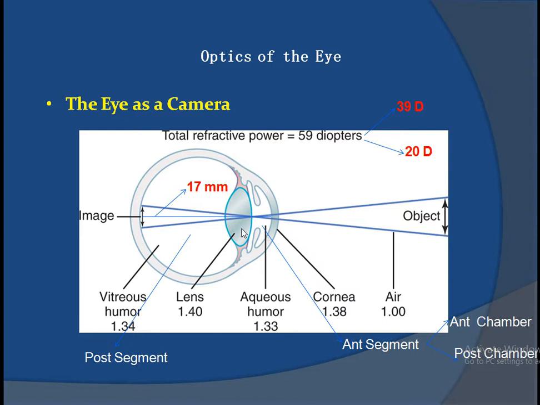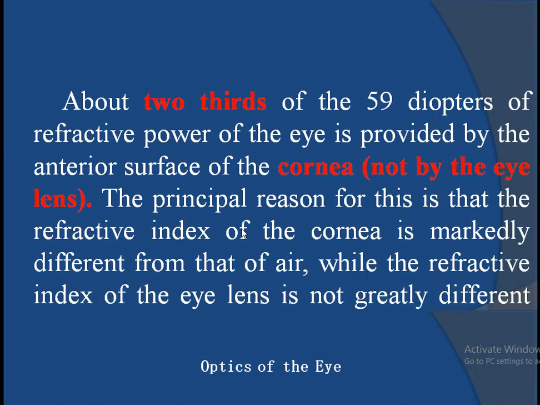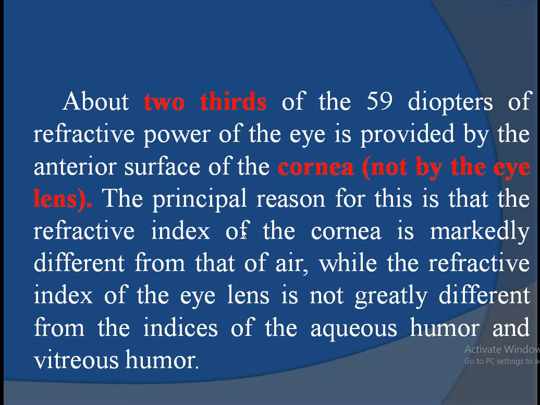This is the same thing: because of the change in the media, the light rays bend, and it affects the refractive power. So mostly it is the anterior surface of the cornea which is going to affect the refraction.